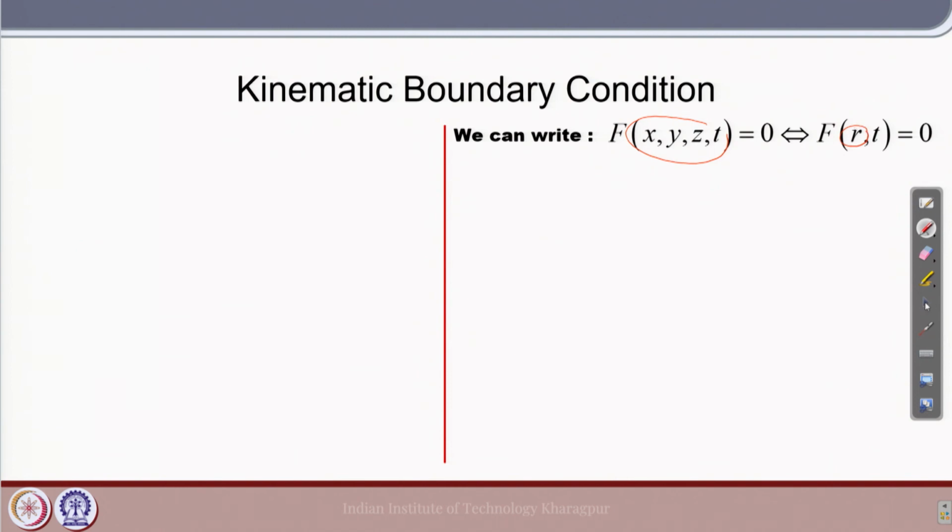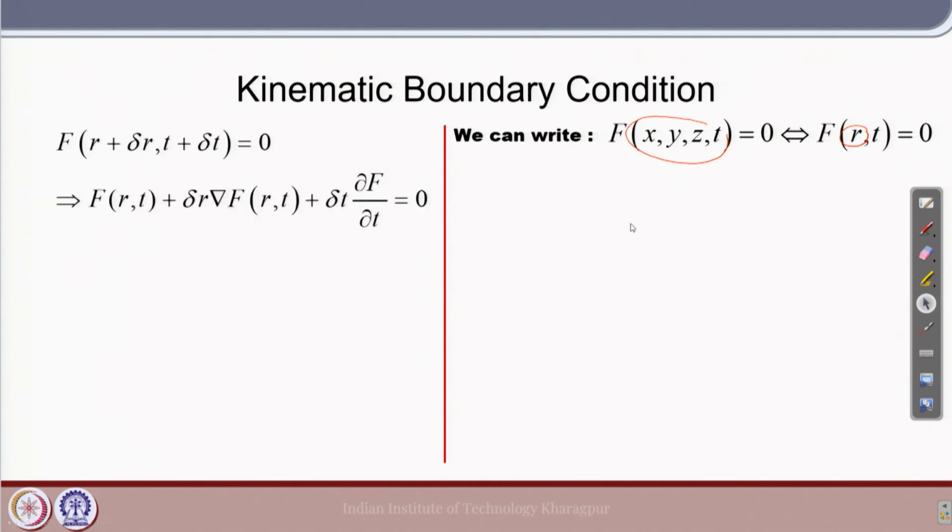Now I do a Taylor series expansion. I am trying to find out what happens with f(r + delta r, t + delta t).